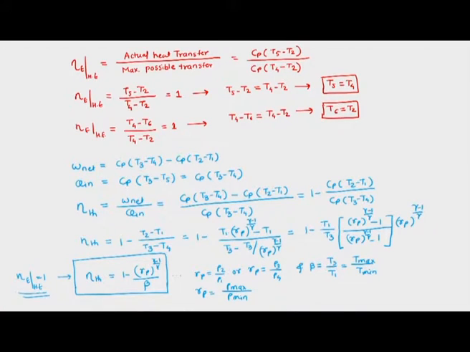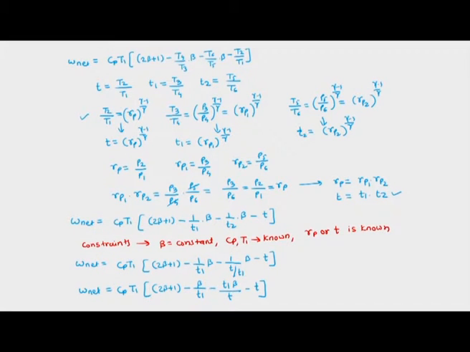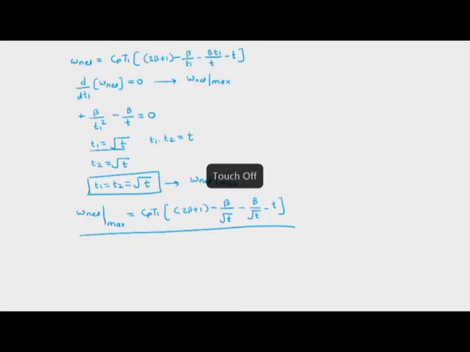So in last class there was one point which we saw was to find out efficiency with heat exchanger. This is the formula for efficiency of heat exchanger. Then we saw for reheater, and then we found out that this is the W net formula for reheater.